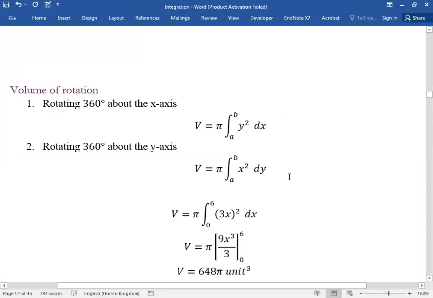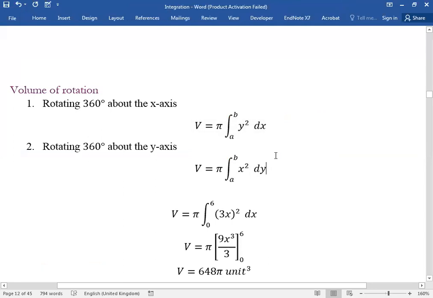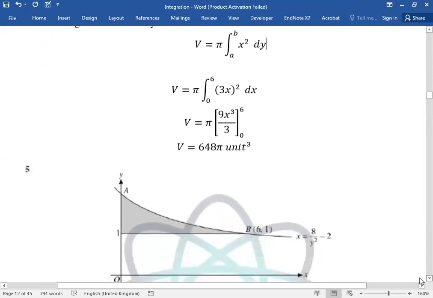What if the rotation is not 360 degrees? What if it is 180 degrees? Very good. Just here, instead of pi, it is pi upon 2. Just giving you a heads up. Is this clear? Done?